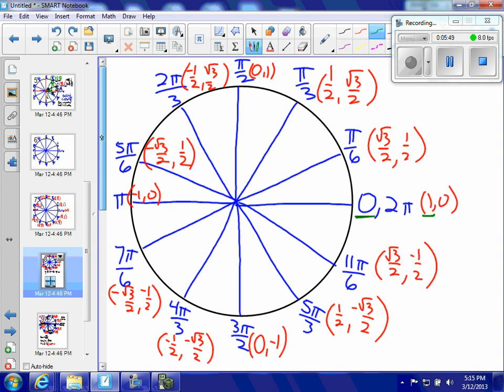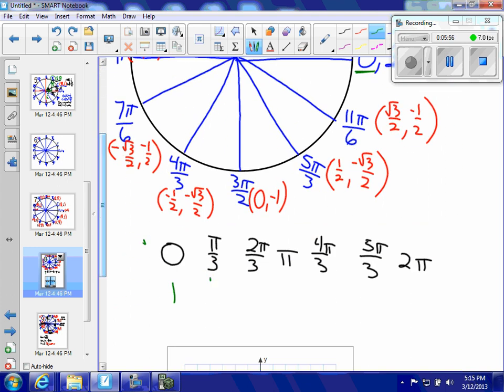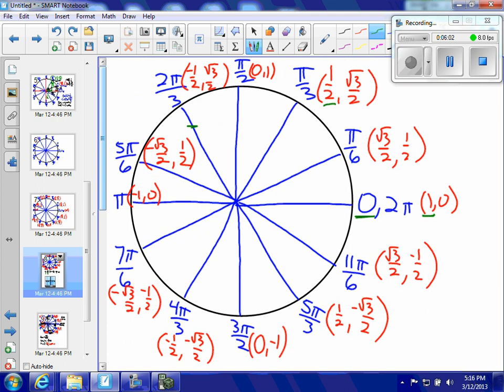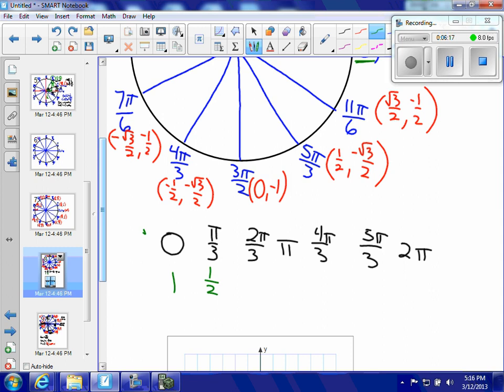And at pi over 3, it's 1/2. Let's do pi over 2. At pi over 2, my cosine is 0.